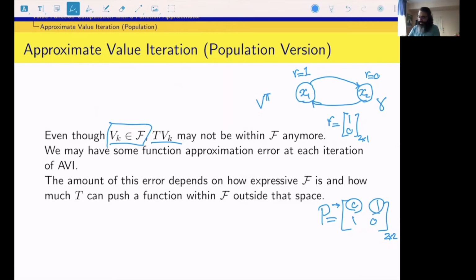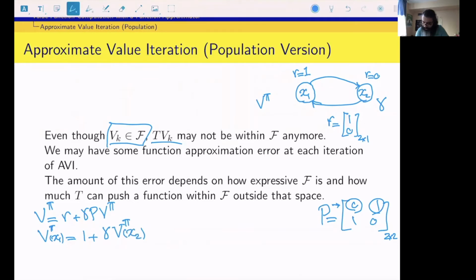So let's see what's the value function for this. Essentially, the value function, which is a two-dimensional vector, in the exact case would be reward plus gamma P pi times V pi. It's a Bellman equation, which if we write it down, V pi of x1 is 1 plus gamma V pi of x2, right?